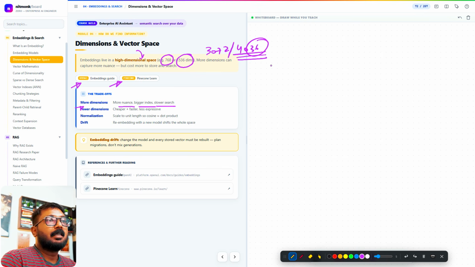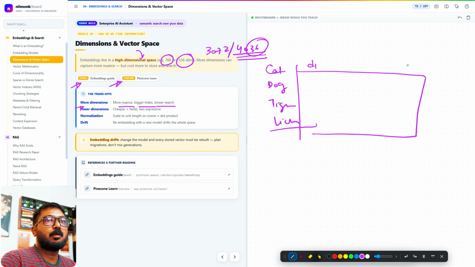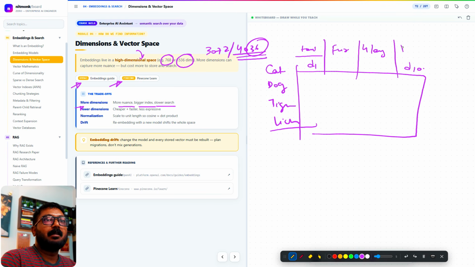So what happens is, let's say we have already understood cat, dog, tiger, and lion, and we have defined their properties, like D1 property to D10 property, about having a tail, having fur, having 4 legs, being a pet or not, being wild or not.